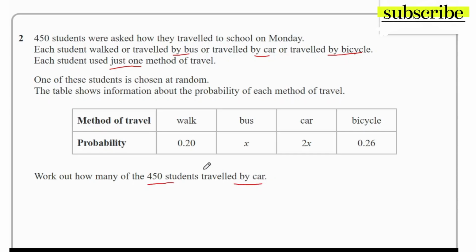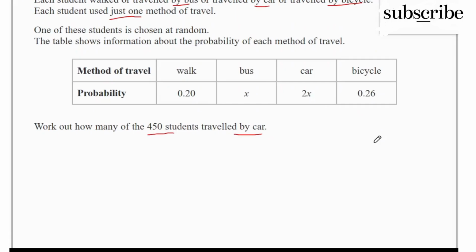So we have been given these values in decimals. So bus is a variable x, car is 2x, and 0.26. And we know one thing, all the probabilities add up to 1. So simply what we're going to do, we're going to do 0.20 plus x plus 2x plus 0.26 equals 1.